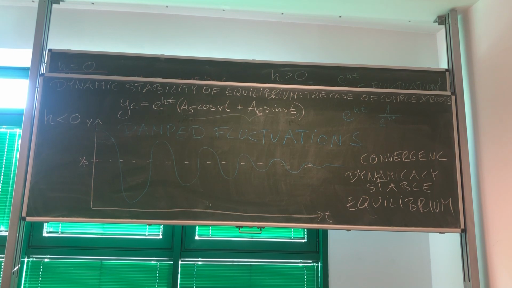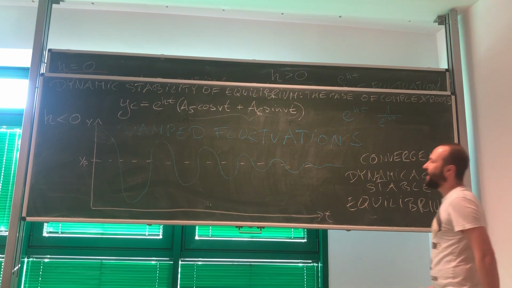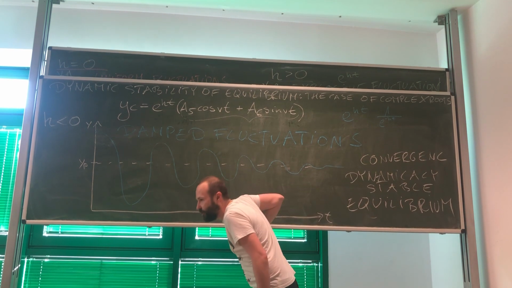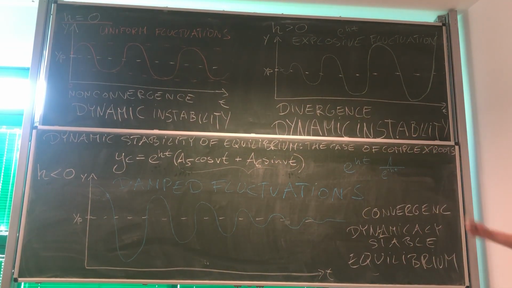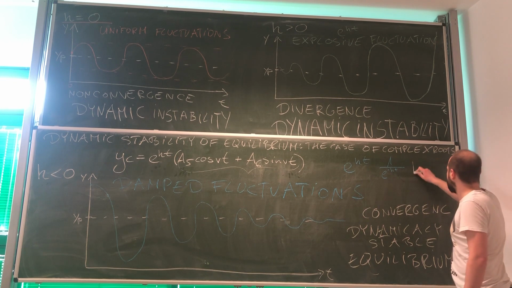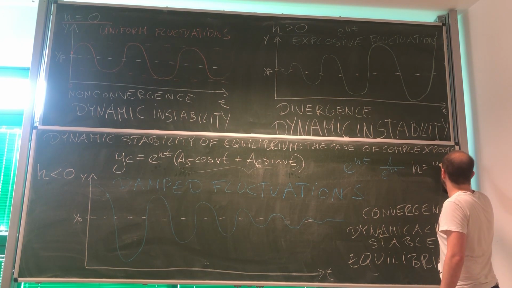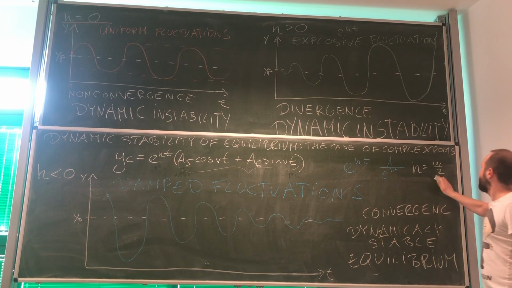Right? So look, if we want to assess the dynamic stability of equilibrium, all we need to look at is h. Remember, h is negative a1 over 2.